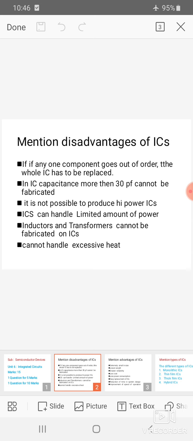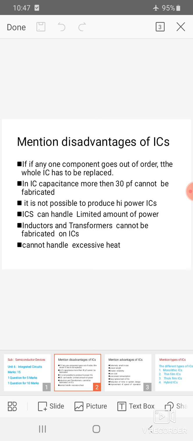So let us come to the first question. Mention the disadvantages of ICs, that is, what are the disadvantages of integrated circuits. First, if any one component goes out of order, the whole IC has to be replaced. This is one disadvantage of the IC, because in the IC a large number of components are etched onto a single chip.